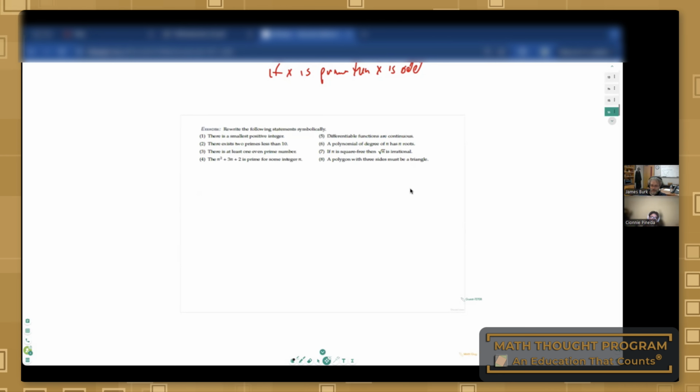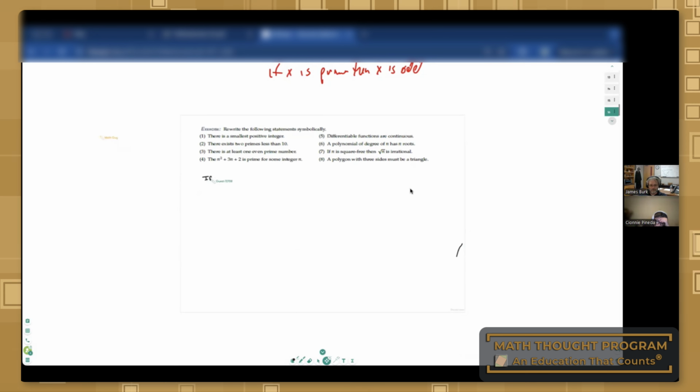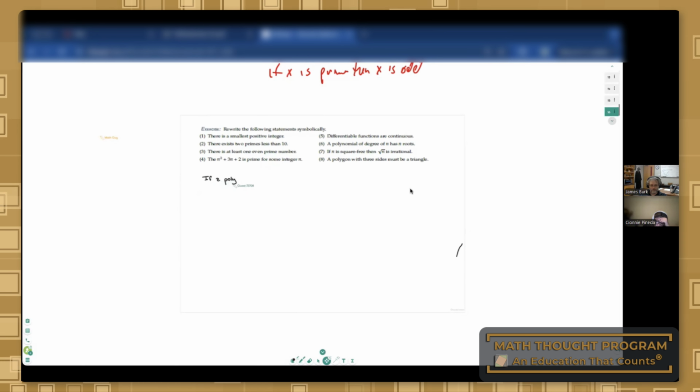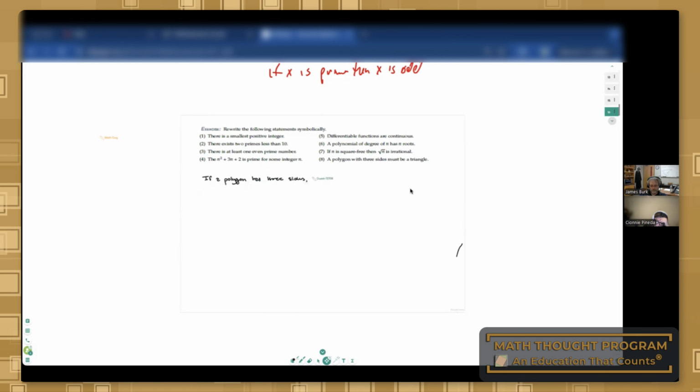Why don't you try to take this and write this conditionally, in terms of implication? With the words "if, then"? Okay, so if a polygon has three sides, then it must be a triangle.